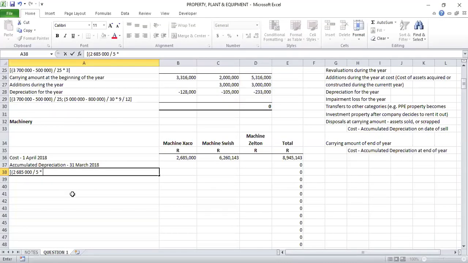If they are years and months, the best way to calculate depreciation is to convert that period into months. 3 years is 36 months, 3 times 12. Then plus the 3 months, it becomes 39 months. So that will be the depreciation for machine Shako.